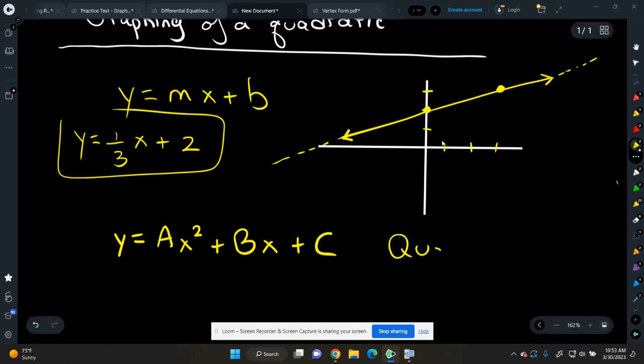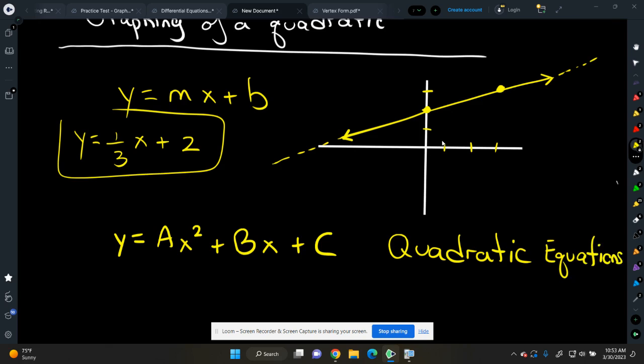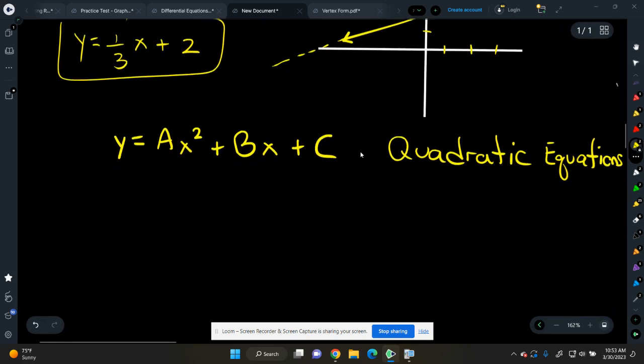This is not the first time that we've seen quadratic equations because we factored them before. Remember we factored and they were quadratic equations?